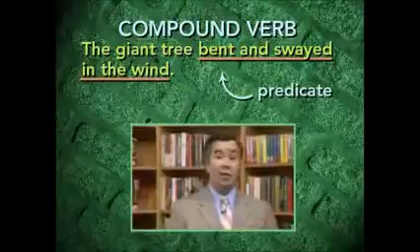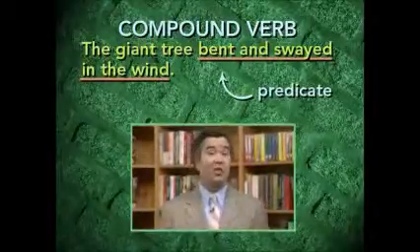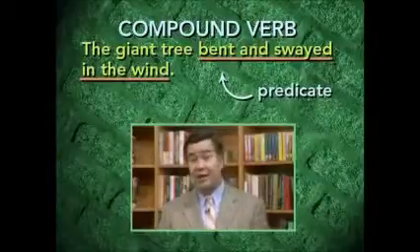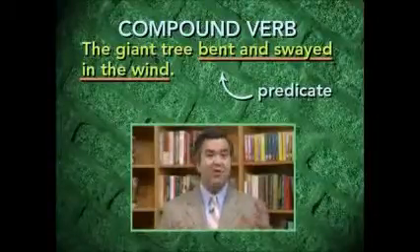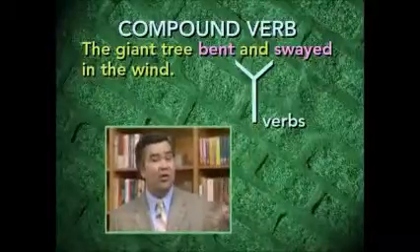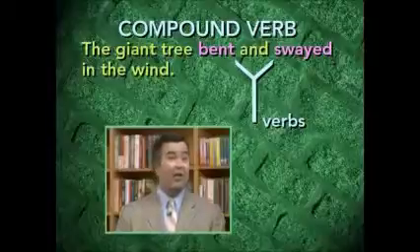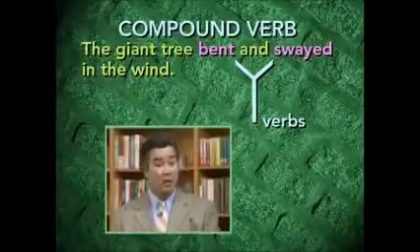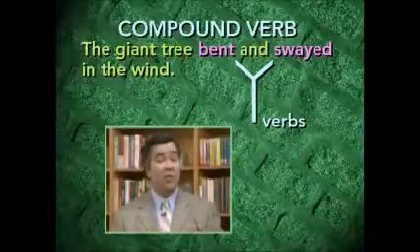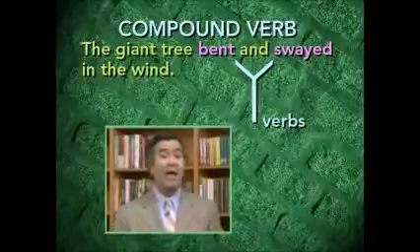Now, is there a most important word in the predicate, a word that tells you exactly what the tree did? Well, the fact is there are two words that tell you two things that the tree did. It bent, but it also swayed. So those two words, bent and swayed, are both equally important. They're both verbs. They both describe actions that the tree took, and they're connected by the word and.